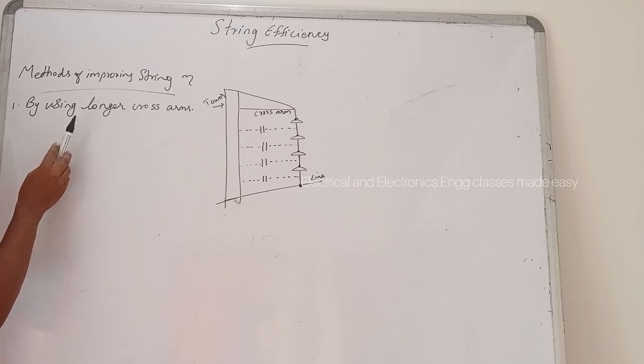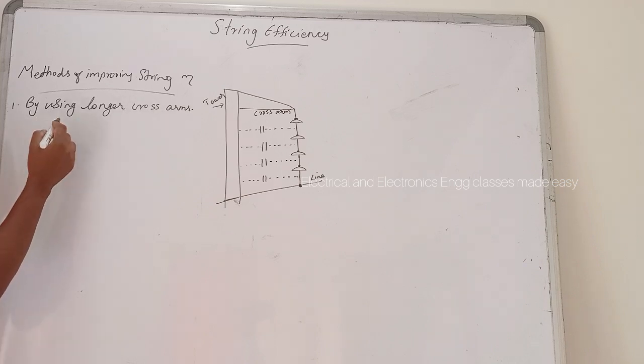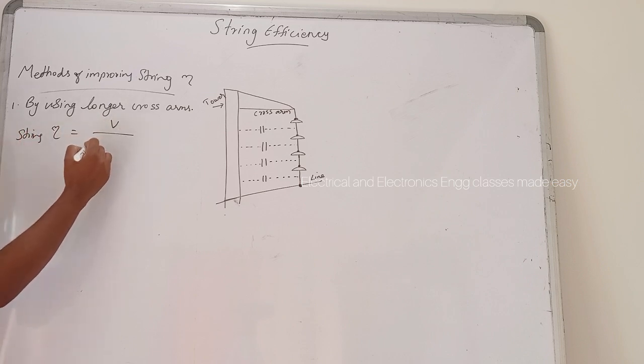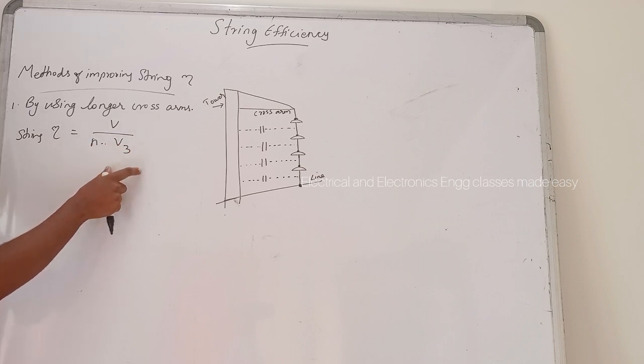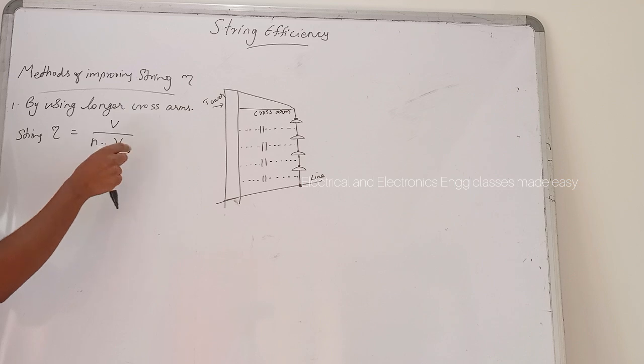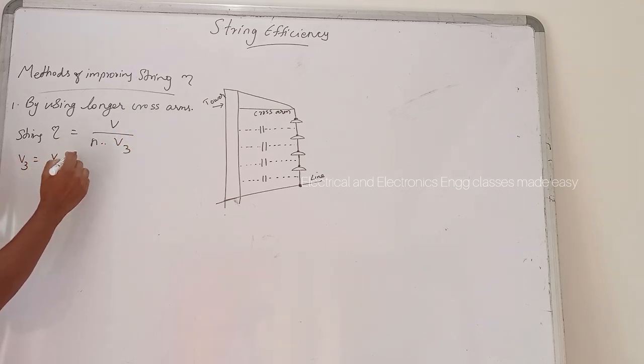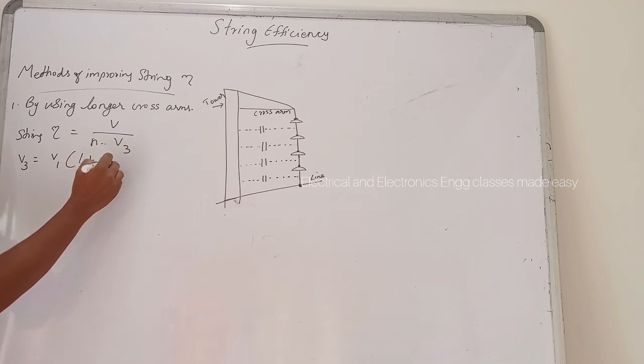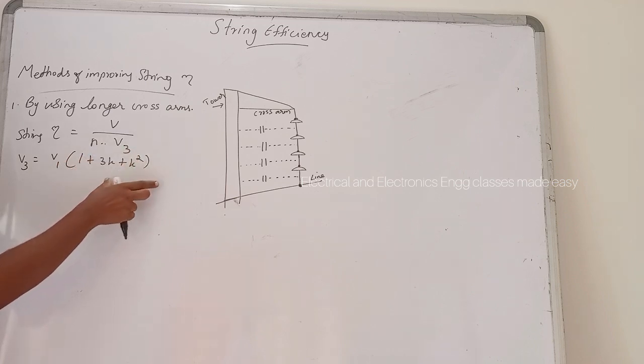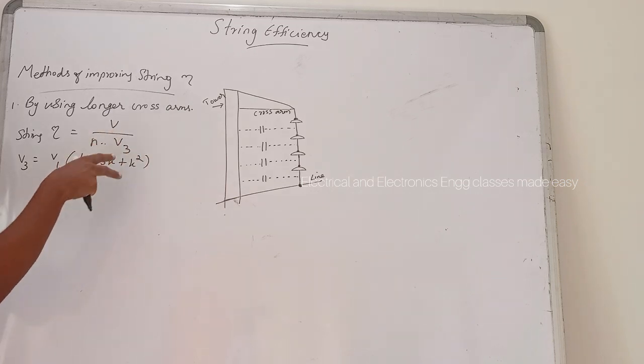The various methods for this purpose are: first one, by using longer cross arms. We have the string efficiency equal to V divided by N into V3, and this V3 depends upon the value of K, that is V3 is equal to V1 into 1 plus 3K plus K square in the case of 3 number of strings.